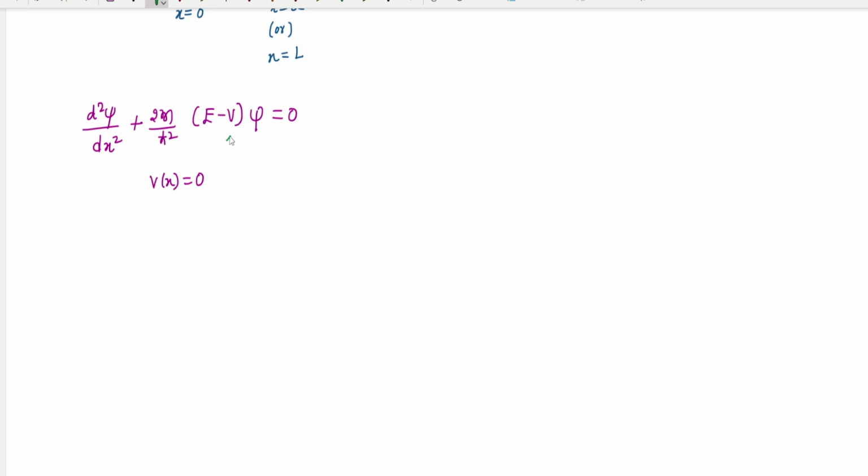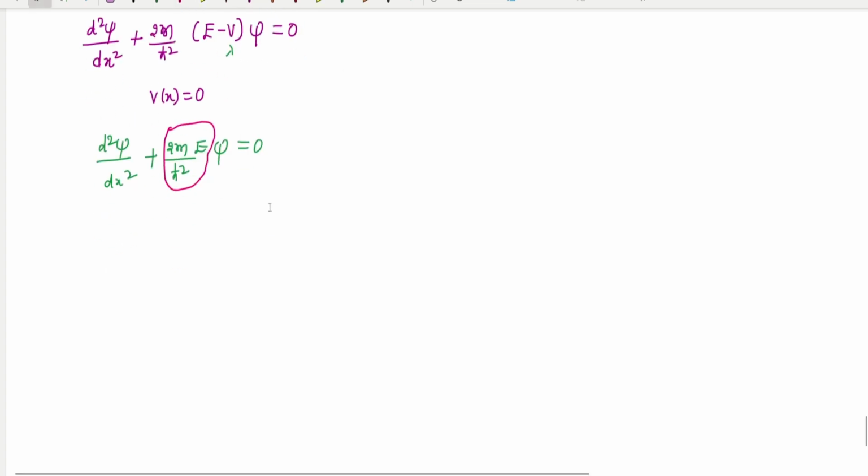Put V equal to 0. Then we get d squared psi by dx squared plus 2m divided by h cross squared, times E, times the wave function psi, equal to 0. Then I'm going to consider this as a constant, which means k squared is equal to 2mE divided by h cross squared.